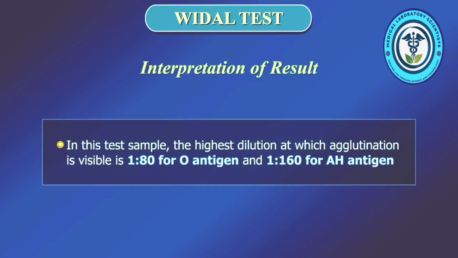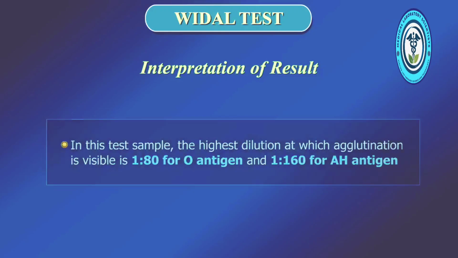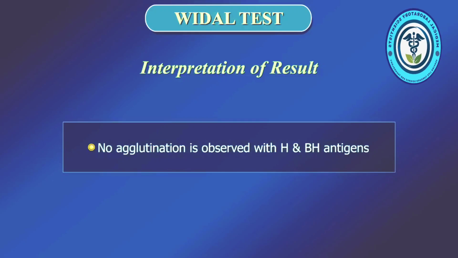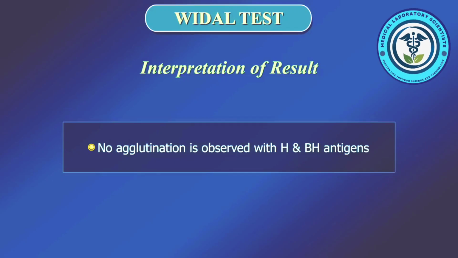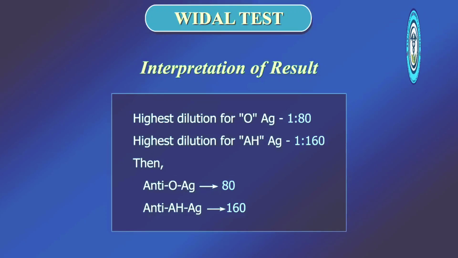In this test sample, the highest dilution at which agglutination is visible is 1:80 for O antigen and 1:160 for AH antigen. No agglutination is observed with H and BH antigens. Hence, the patient suffers from Salmonella paratyphi A infection with anti-O antibody titer of 80 and anti-AH antibody titer of 160.